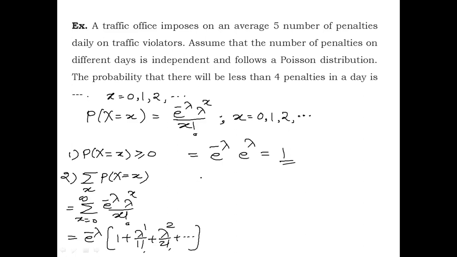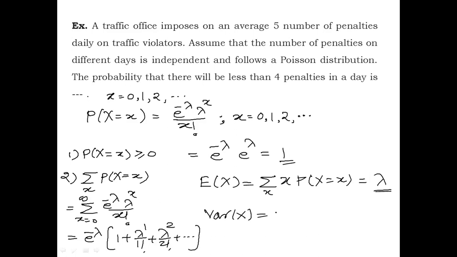Then we can find mean also. Mean, the formula is summation x into corresponding probabilities for all possible values of x, and after finding, it will be lambda. You can find variance of x also. Again, I have given the formula.